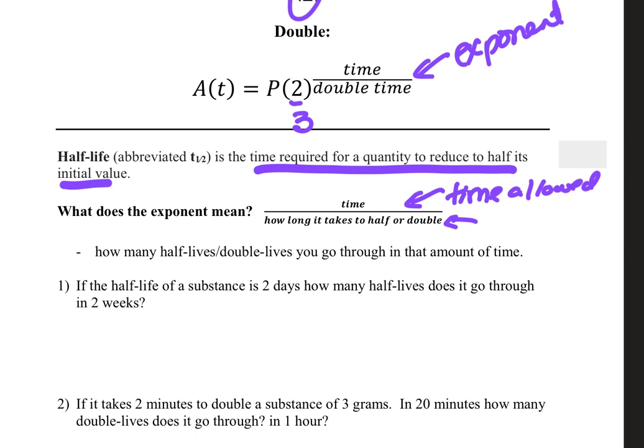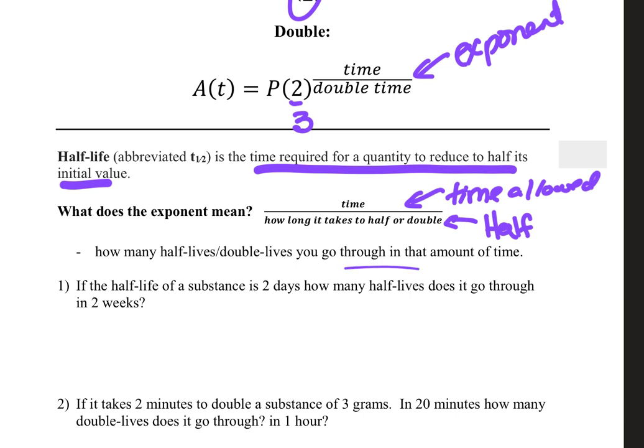And the number down here is the actual half-life, or how long it takes the quantity to double, depending on what the material is. So half-life or double life. If you divide those, it figures out how many half-lives or double lives you've had.